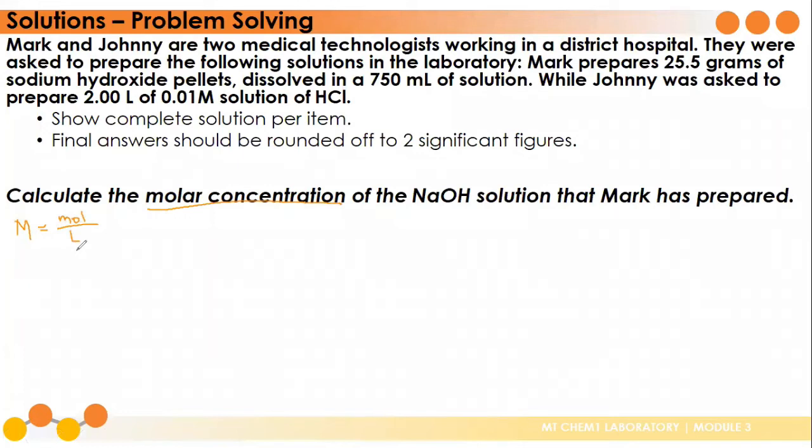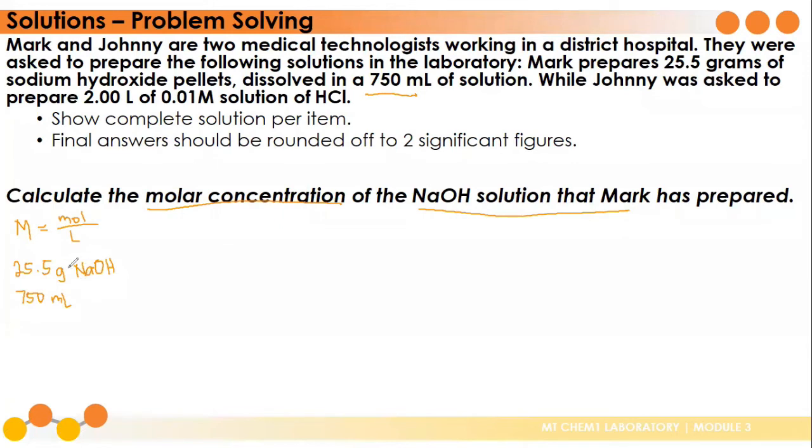Okay, let's now identify first what the givens are. Since we are only talking about the sodium hydroxide solution that Mark has prepared, our given here is 25.5 grams of NaOH, and the 750 ml.